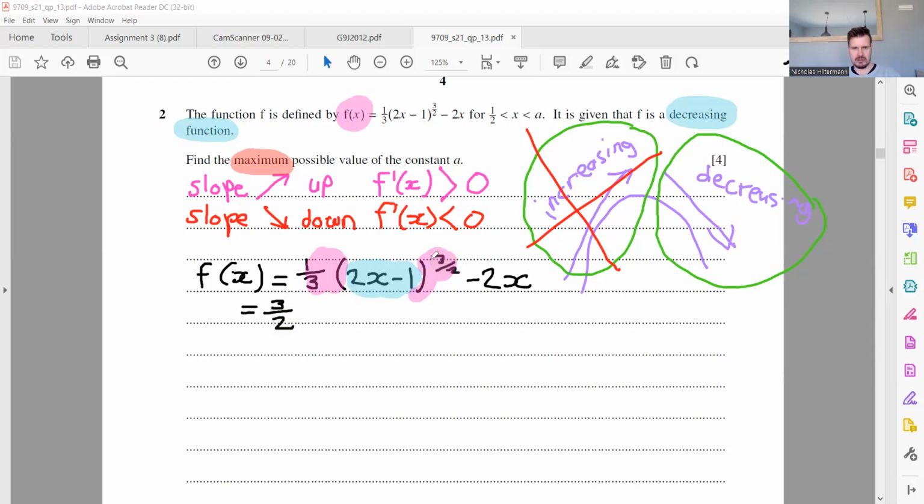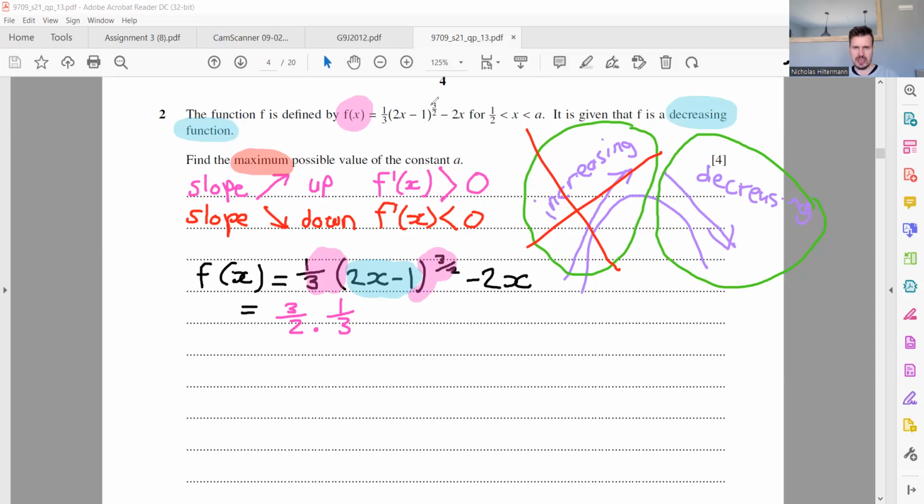Actually, I'm going to rather do it in pink. So the 3/2 goes in front. And the 1/3 stays the same, because that's just a number you don't have to worry about. So the third stays there, but the exponent goes to the front.